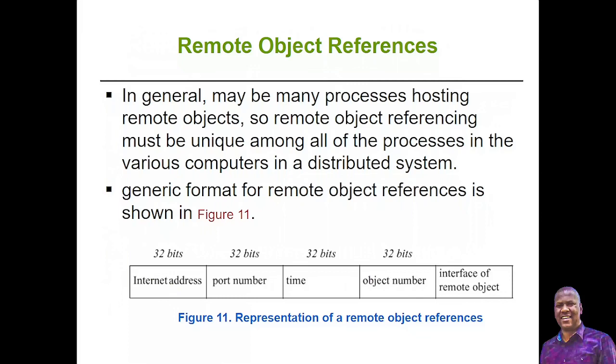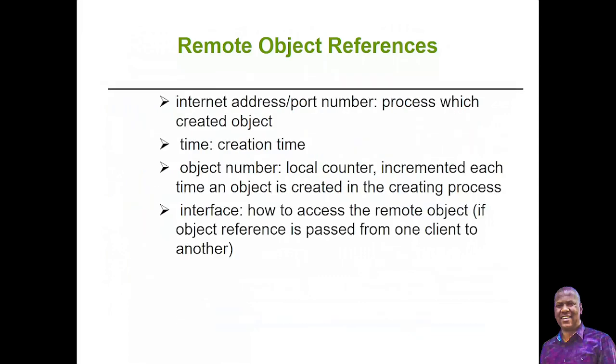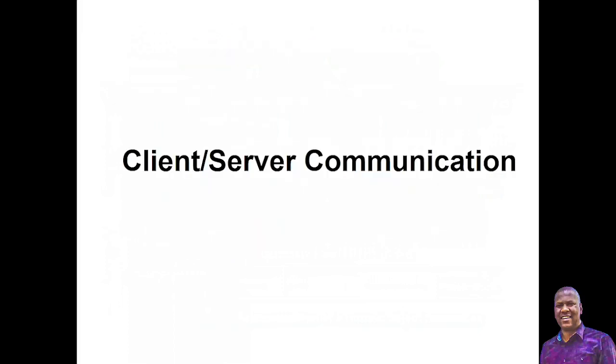There's a port number and an internet address. So this is the generic format of a remote object reference: it uses the internet address, the time, the object number, and the interface. This is normally implemented when the remote object is invoking or requesting some kind of attention from another process, right?